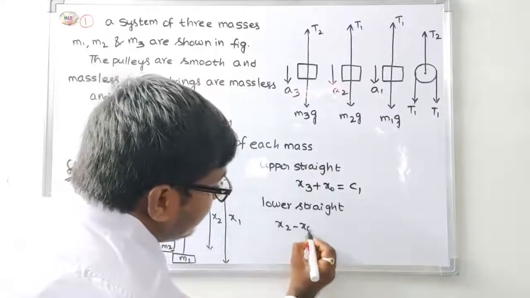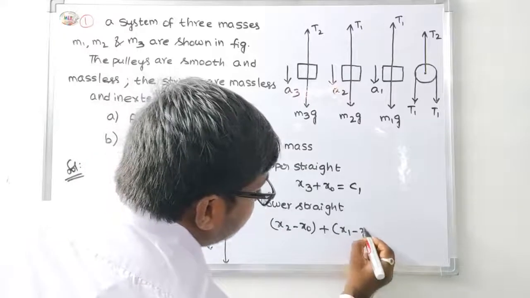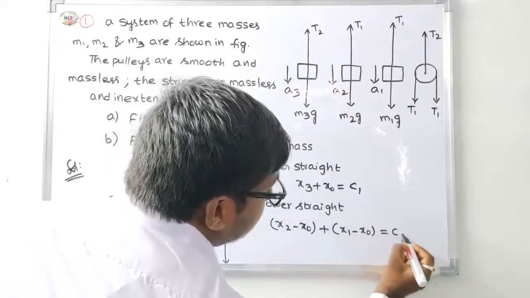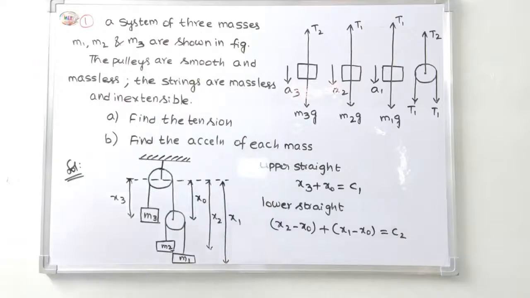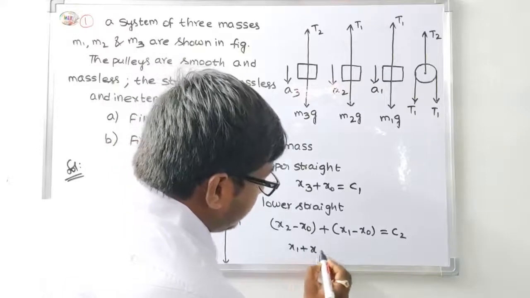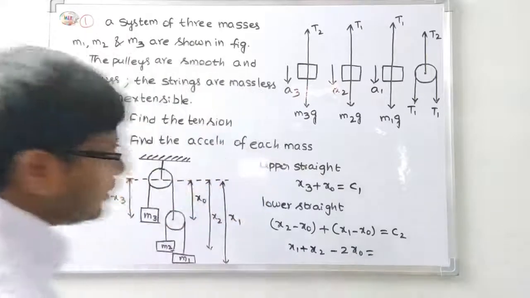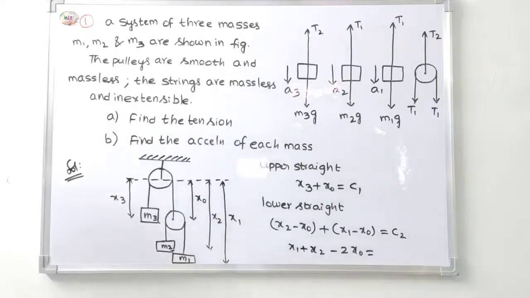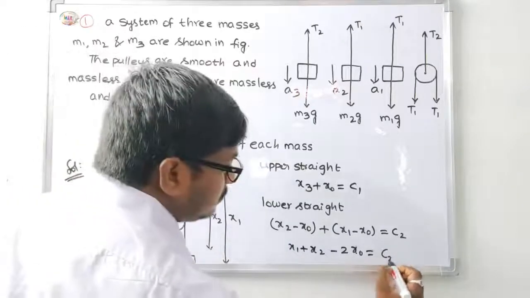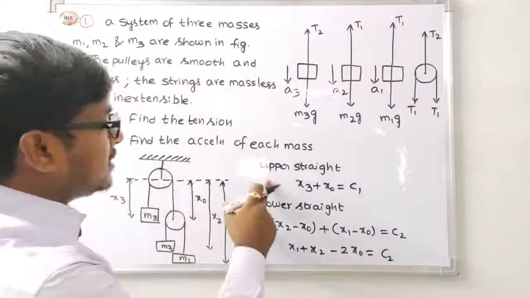That is, x1 plus x2 minus 2x0 is equal to c2, where c2 is a constant.